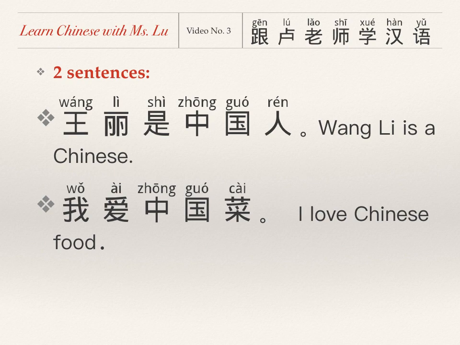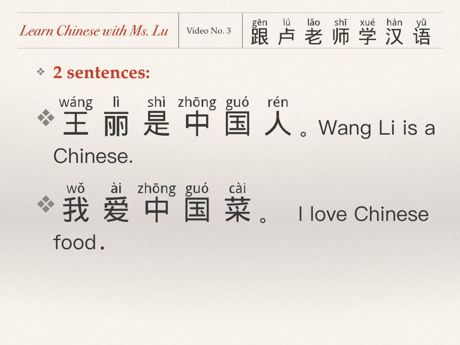The next page has 2 sentences that we'll be learning today. The first one is 王丽是中国人. 王 is king or a family name. Here, it's a family name. 丽 means beautiful.